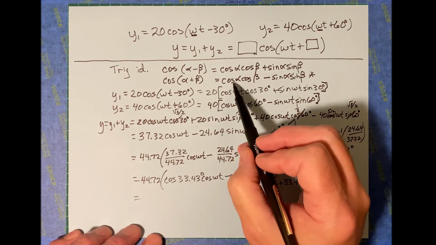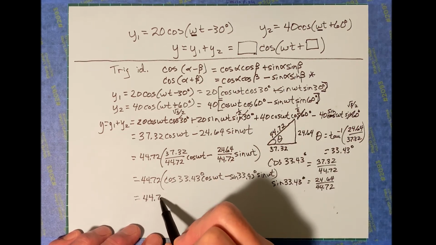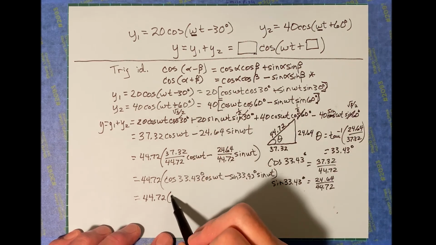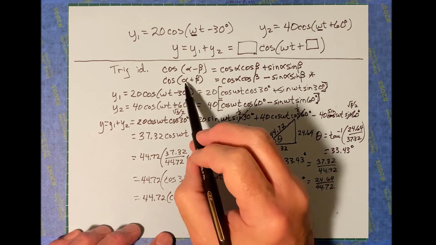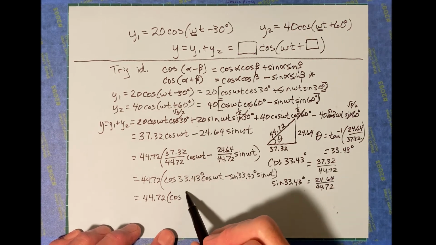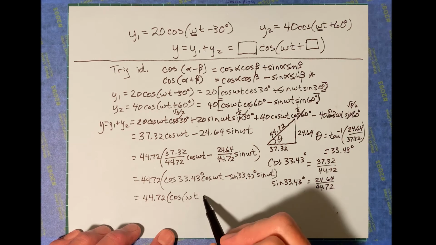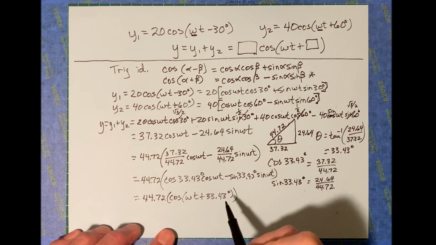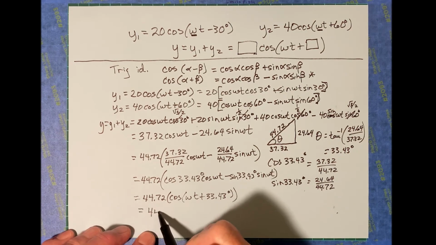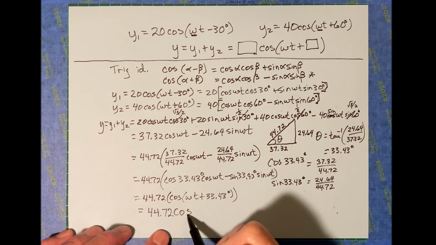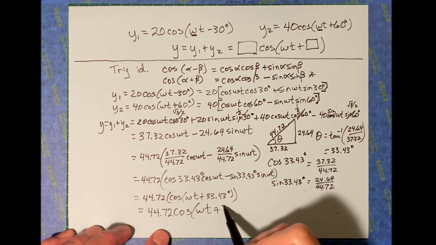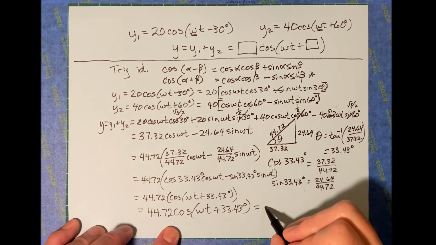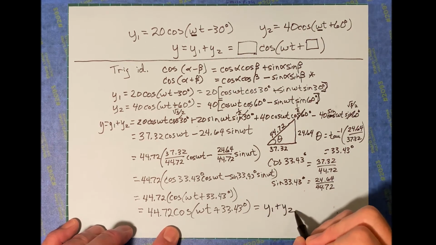So working backwards, I can write this as 44.72 times the cosine of the sum of the two angles, omega t plus 33.43 degrees, and that is equal to my y1 plus y2.